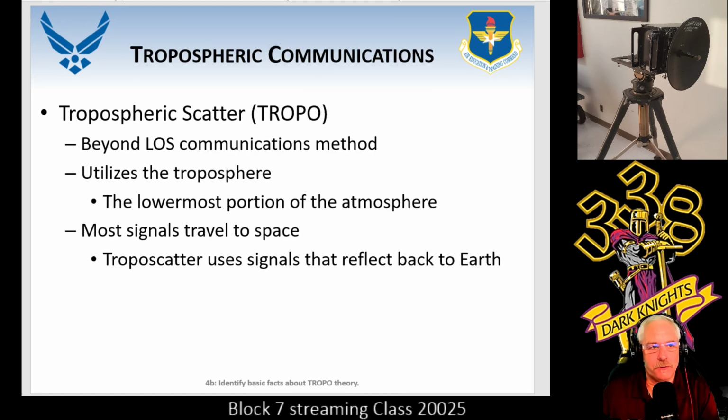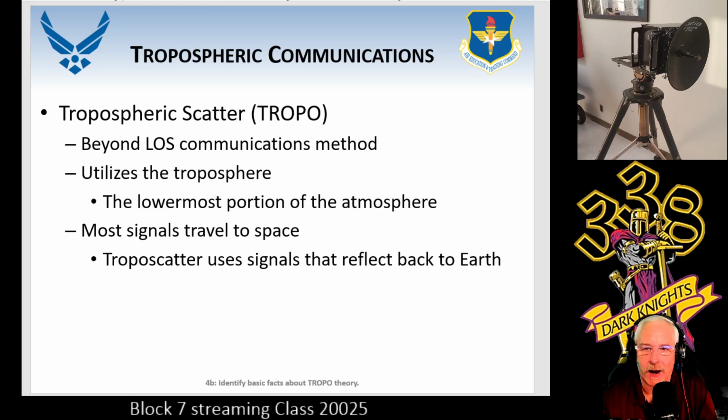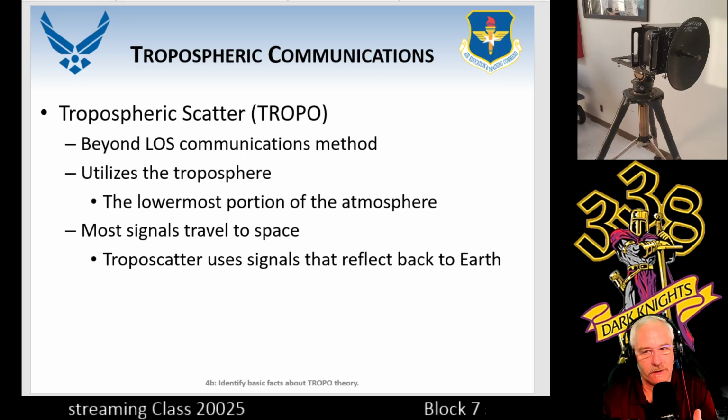So we have troposcatter, and you guys probably have heard this back in block 4, but I call it over the horizon. Well, a lot of people say, no, it's beyond line of sight. Well, that's true, but we've got to separate HF out from tropo. Tropo's in one set of frequency ranges versus HF in a different frequency range.